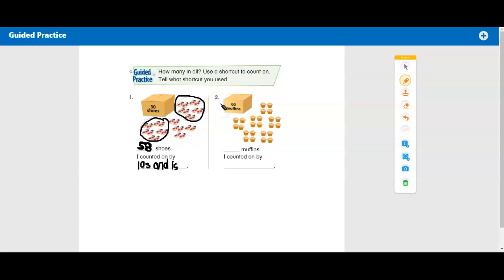Now let's look at number 2. In number 2, we have a box of 60 muffins, and then the rest of the muffins are scattered. I'm going to use my strategy of counting by tens. 1, 2, 3, 4, 5, 6, 7, 8, 9, 10. 1, 2, 3, 4, 5, 6, 7, 8, 9, 10.